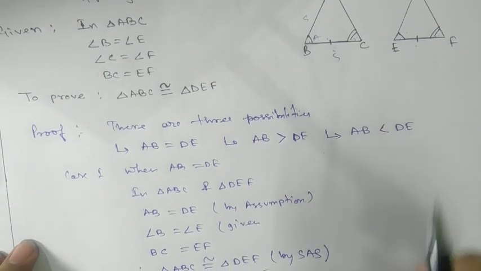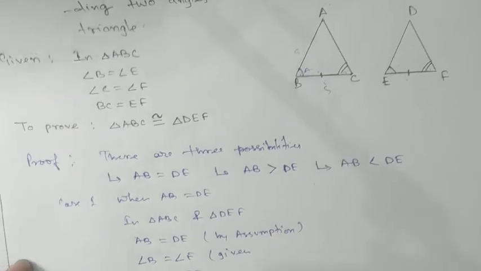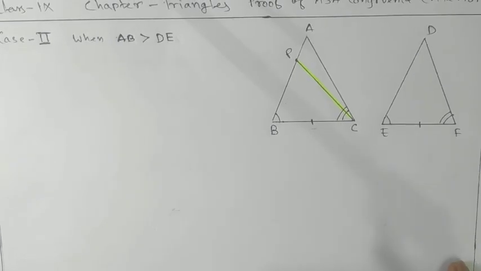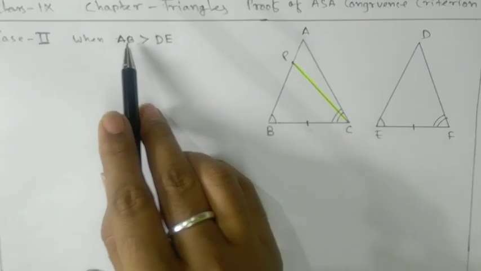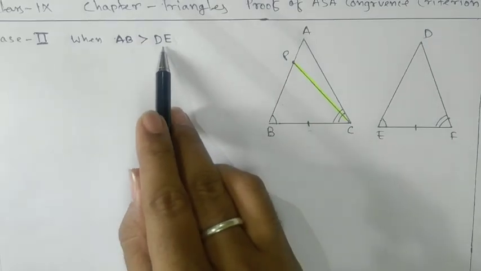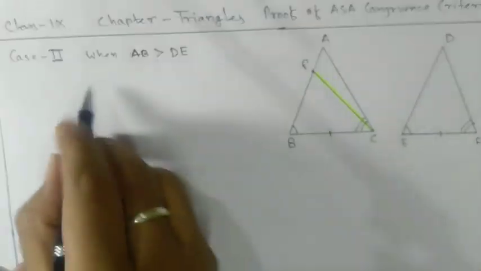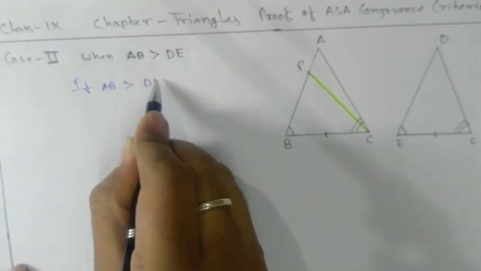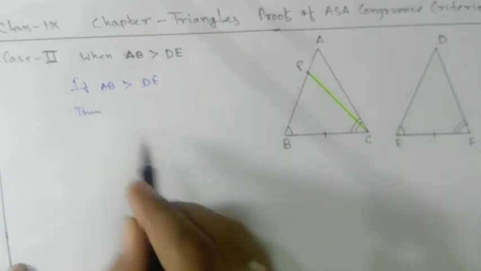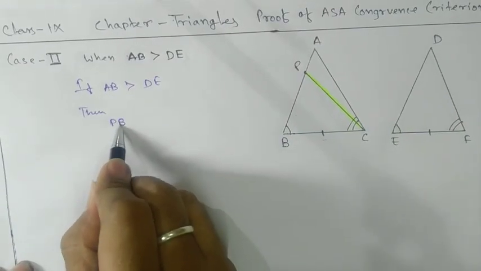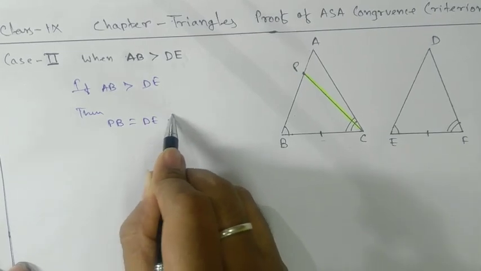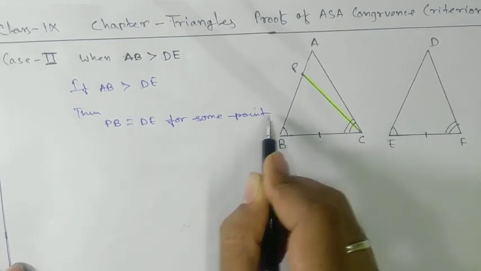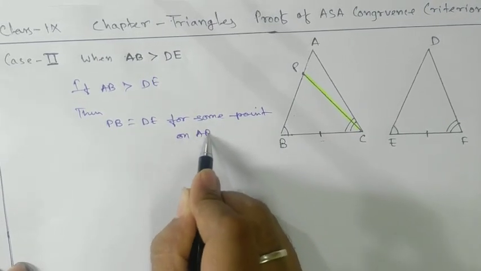Let's go for the second one. Here we have the second case. If AB is greater than DE, then PB must equal DE for some point P on AB.